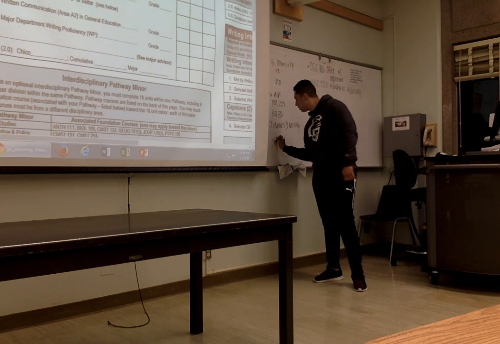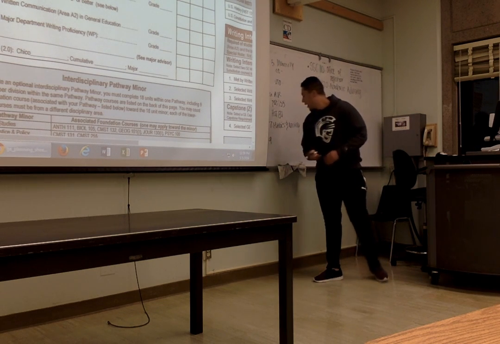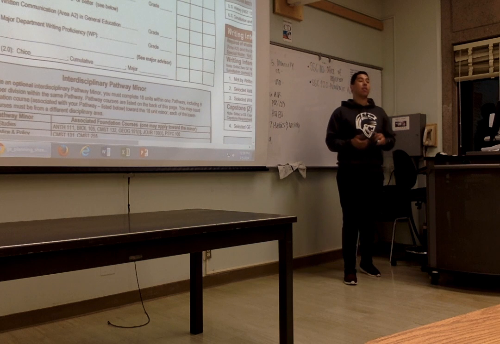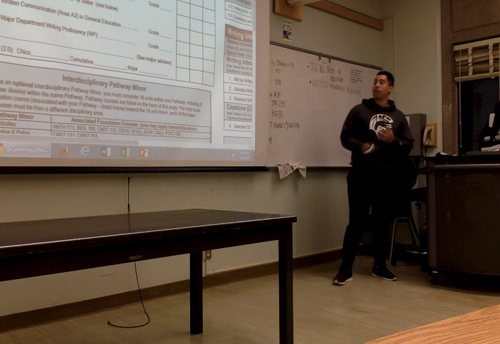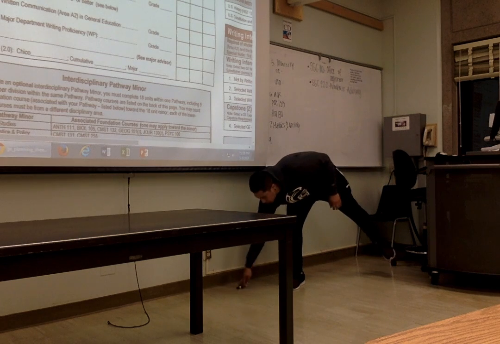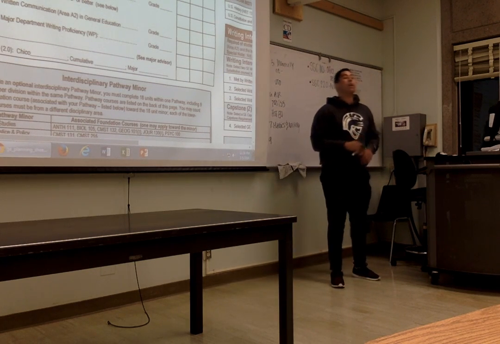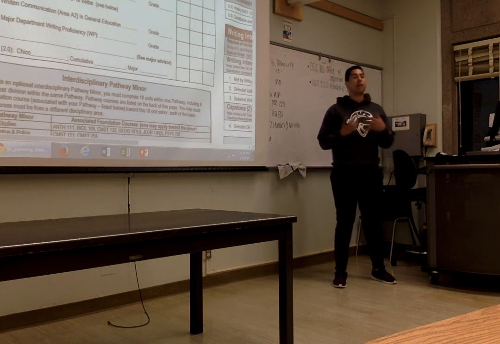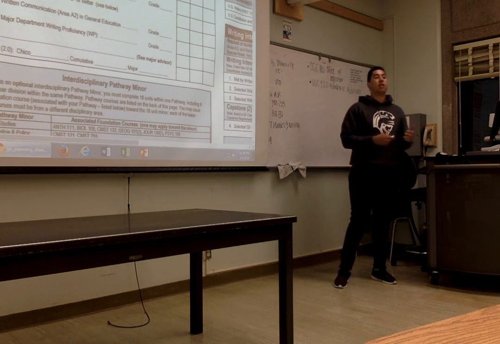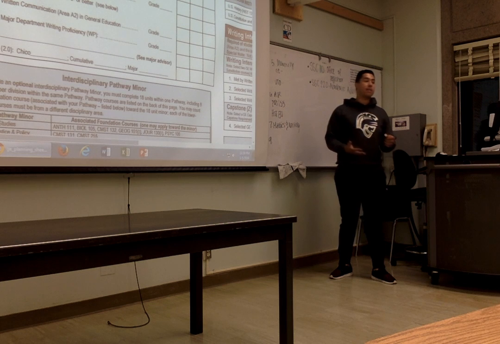Last but not least, graduation requirement number 9 is 2.0. Here at Chico State, you have to graduate with a cumulative 2.0 and a major 2.0, and if you potentially have a minor, that has to be a 2.0 also. So just always beware, keep your grades up.